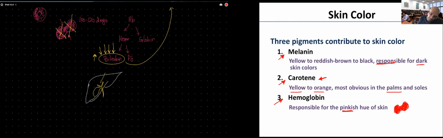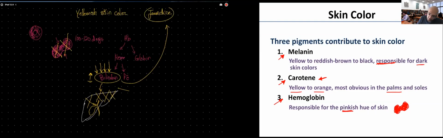Or a person might have liver problems like liver cirrhosis. If a person has liver cirrhosis, his liver cells can't pick up this bilirubin and get it conjugated, so it's going to remain high in his bloodstream. Also, this is going to result in jaundice or the yellowish discoloration of the skin.